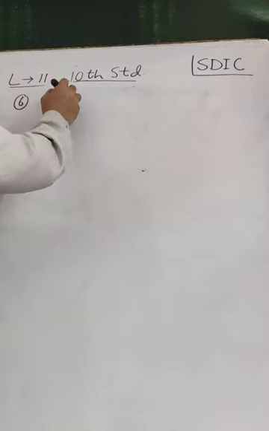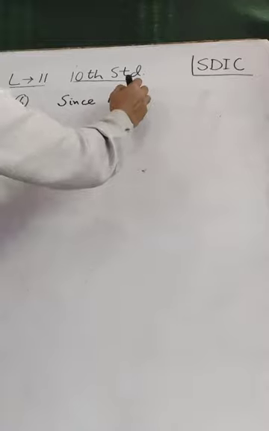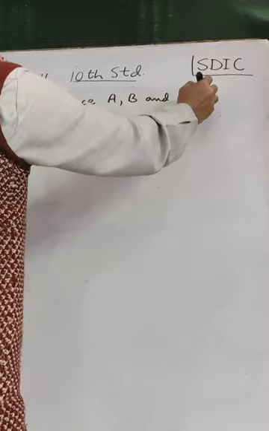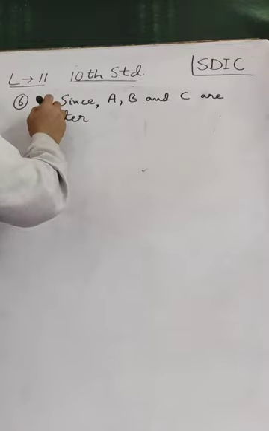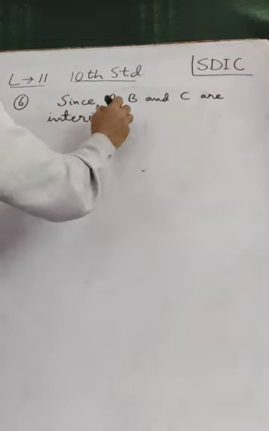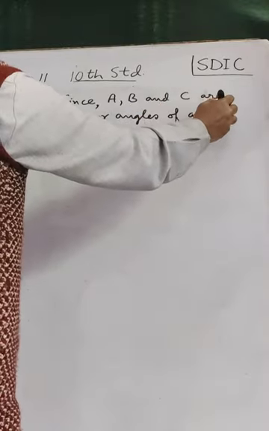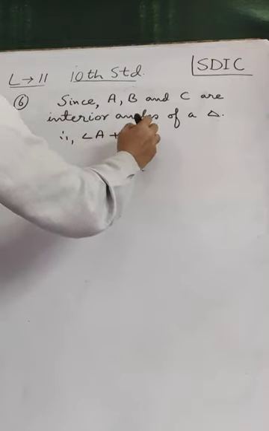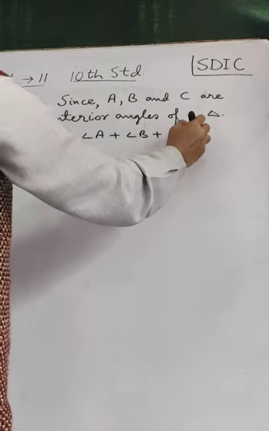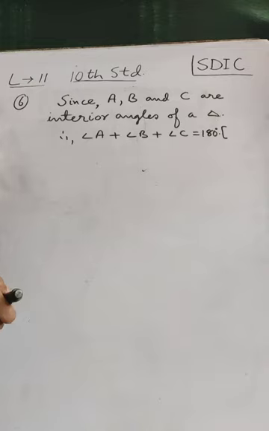So you write, since A, B and C are interior angles of a triangle, therefore, their sum is 180 according to angle sum property. Angle A plus angle B plus angle C is then equal to 180 degrees, in the bracket, angle sum property of a triangle.